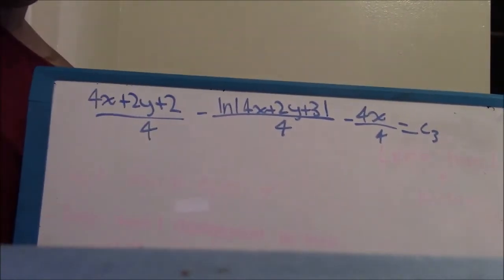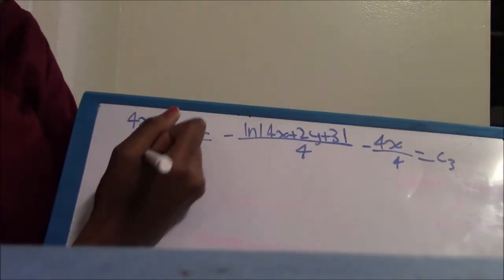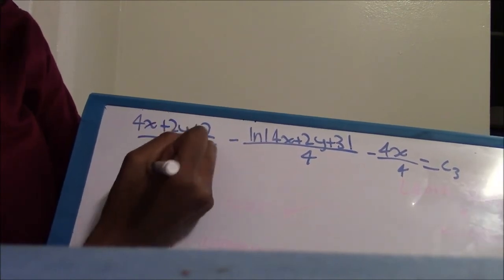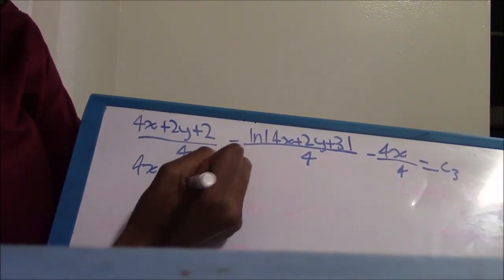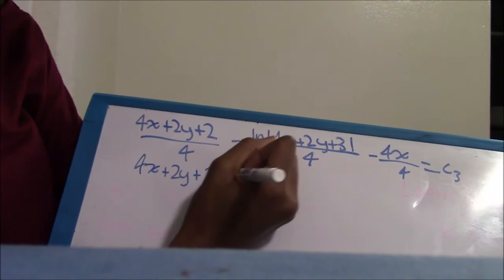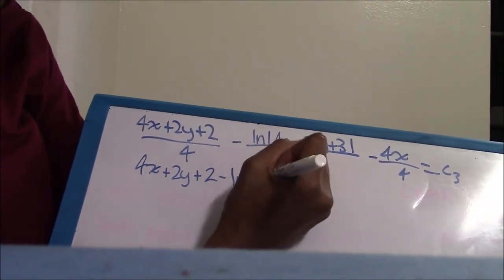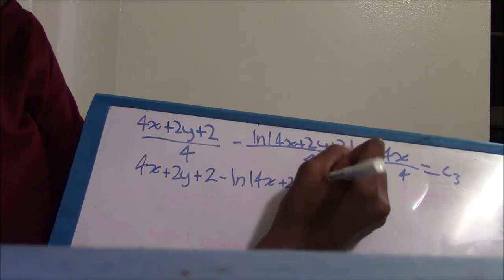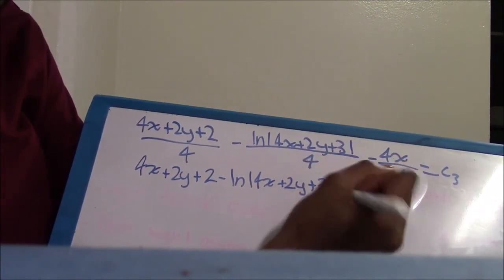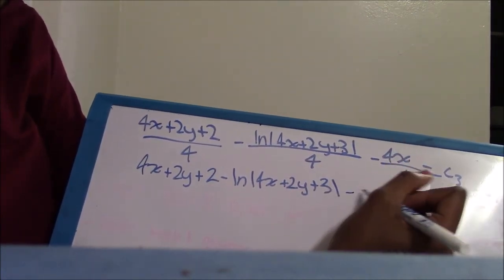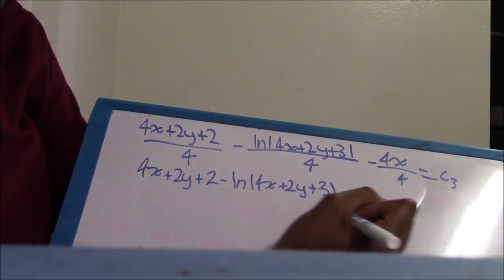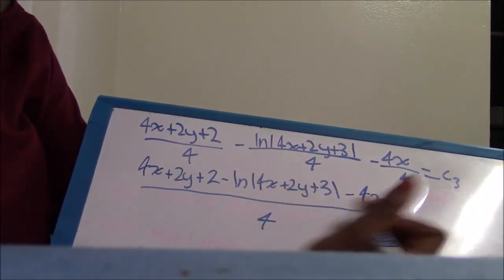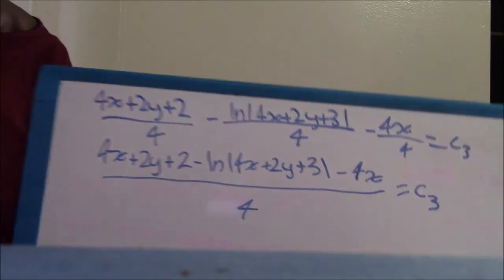And now we have to combine them, have to add them. So we have 4x plus 2y plus 2 minus the ln of 4x plus 2y plus 3 minus 4x, all of that is going to be over 4. It's going to be equal to C3.